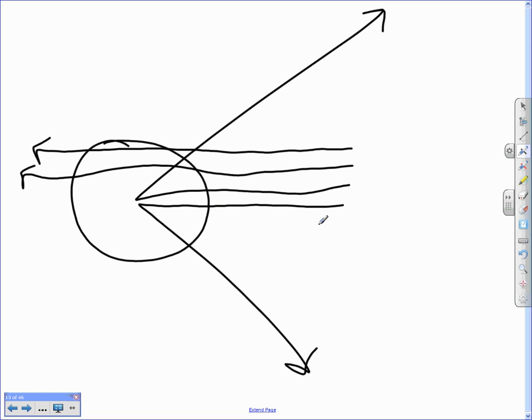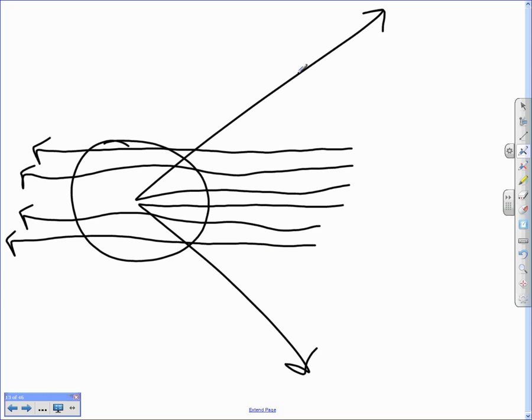Now, this backwards deflection means that these positive alpha particles were being deflected by a very strong positive object in the center of the atom. You can probably start to guess what very strong positively charged object was at the center of the atom.